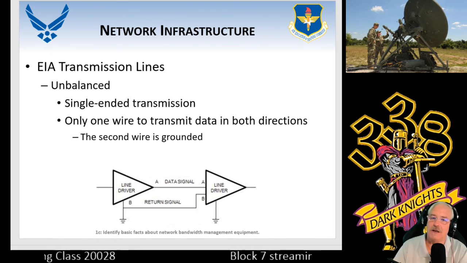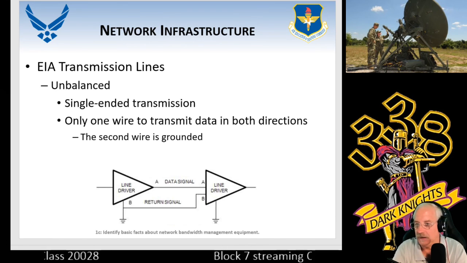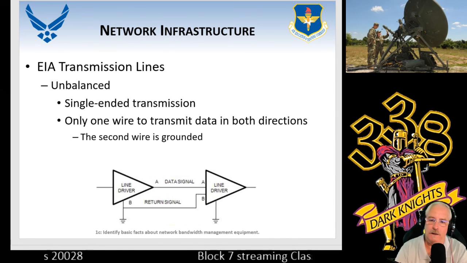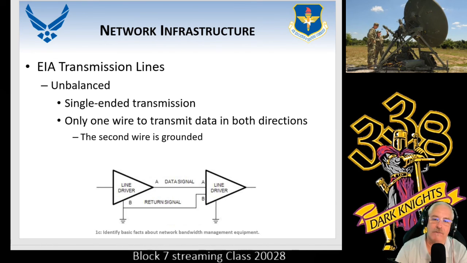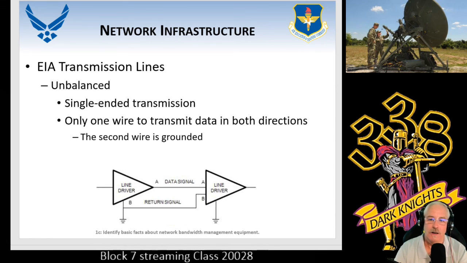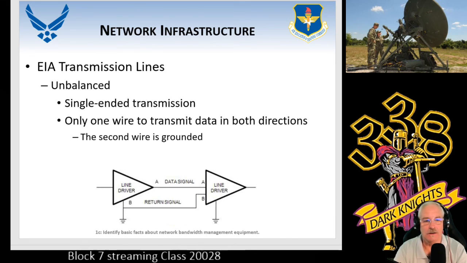You should always keep those two separate. In fact, the tech order for grounding, I think it's the 00 series tech order, specifically states you have to have one ground for communication and one ground for electrical. And you also have to keep them separate approximately 10 feet in order to keep from what's called eddy currents happening.